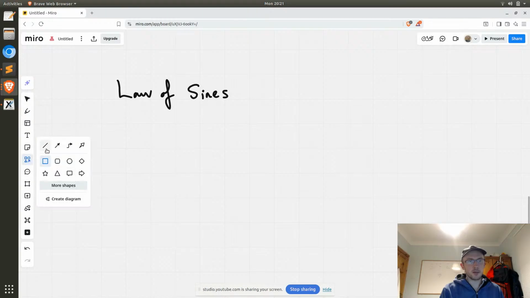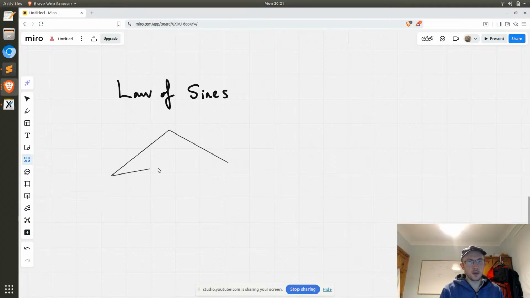If I just draw an arbitrary scalene triangle here, and I allow the angles to be called A, B, C, and the sides shall be named little a, little b, and little c, but in a precise way.